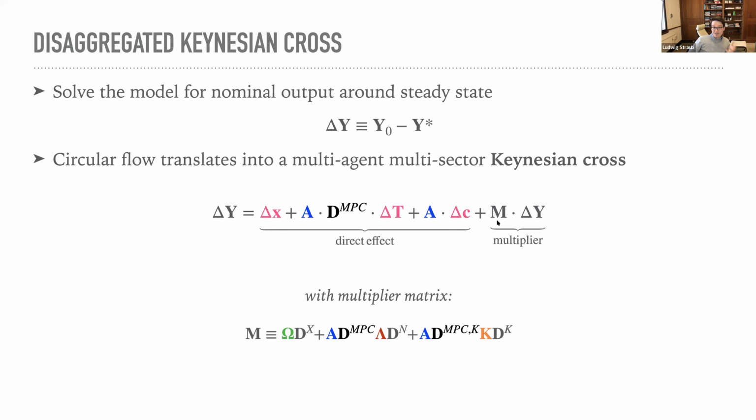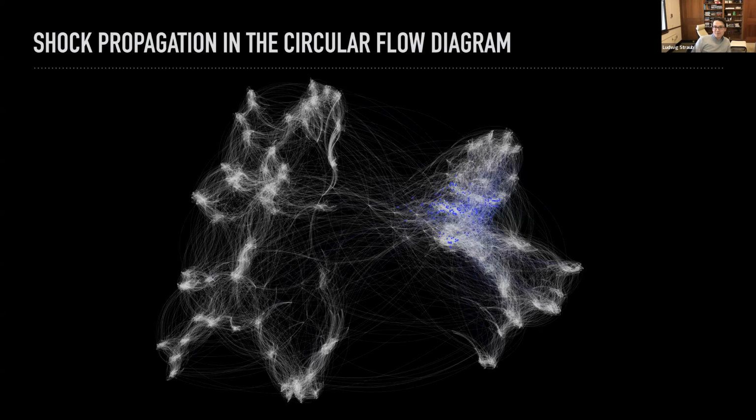The key distinction relative to the standard Keynesian cross is that this is all in vector space, where we stack all the sectors into a vector, and so delta y gives you the entire vector of responses across all sectors, and M would be an MPC matrix rather than a simple MPC object.